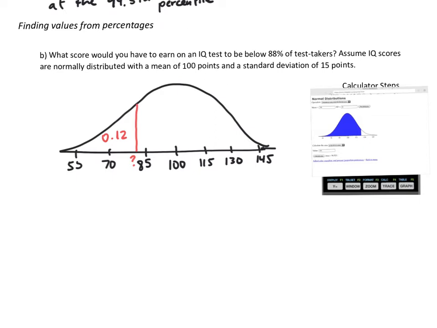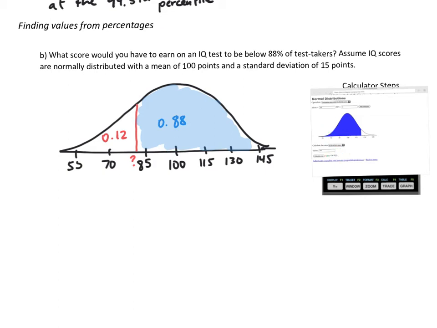If I shade the right side in blue, then this blue area is 0.88, and everything below is 12%. The nice thing about the Statplet app is that you can use either percentage depending on what settings you put.